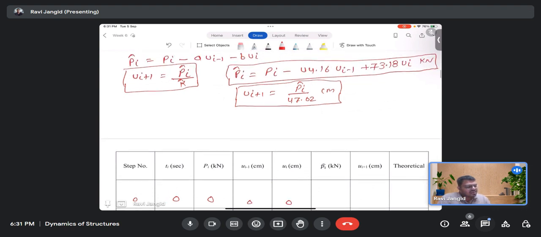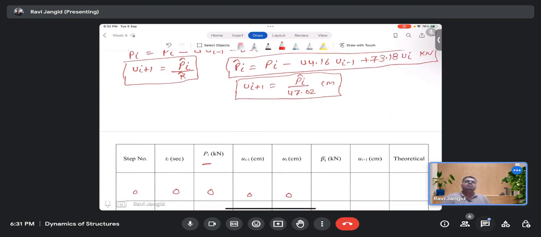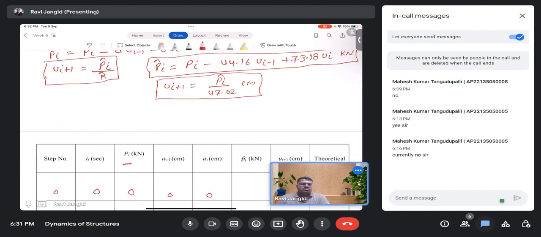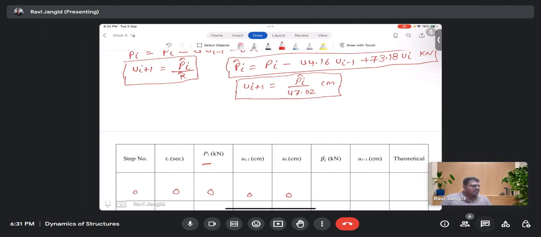So what will be the p cap? pi is 0, ui minus 1 is 0, ui is 0. So what does it become? Can you tell me the value of p0? Anyone? P cap 0 will be 0. If p cap is 0, then my ui plus 1 would be 0.